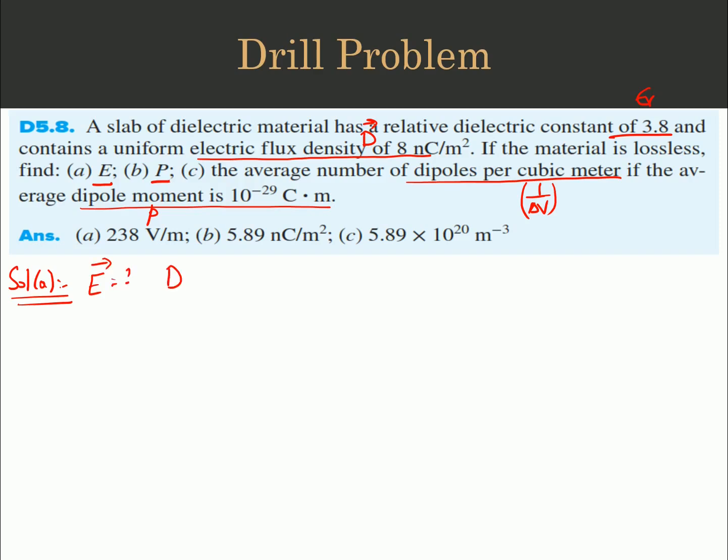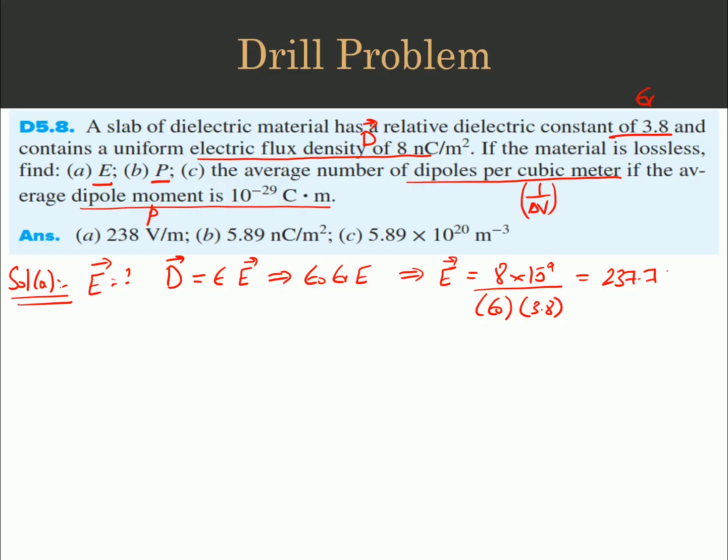We know that electric flux D is equal to ε E, or ε0 εr E, where we can further simplify this into the absolute permittivity and relative permittivity with the electric field intensity, and thus from here we can find E. So E, the electric field intensity, is going to be the value of D, which is 8 into 10 raised to power minus 9, divided by the permittivity 8.85 into 10 raised to power minus 12, and multiplied by εr, which is 3.8.